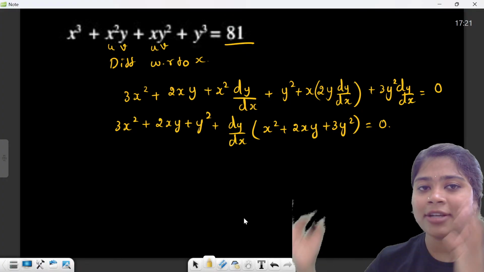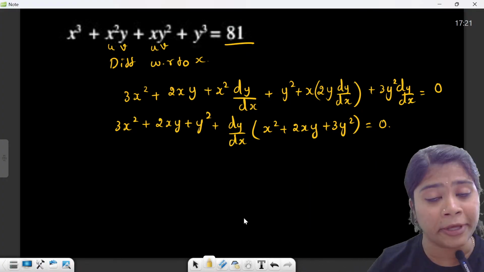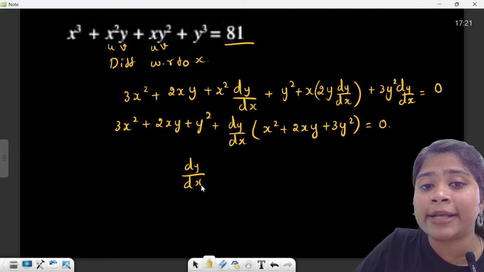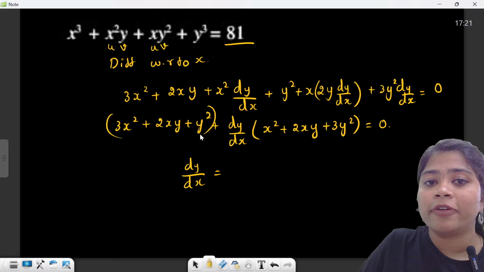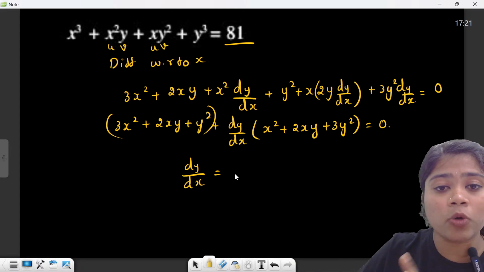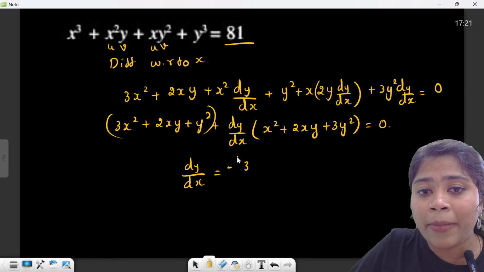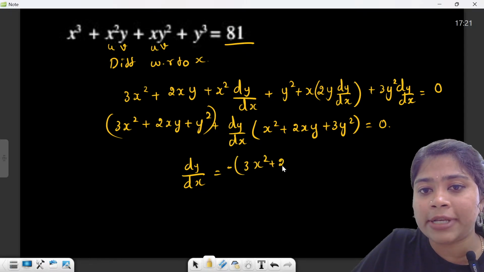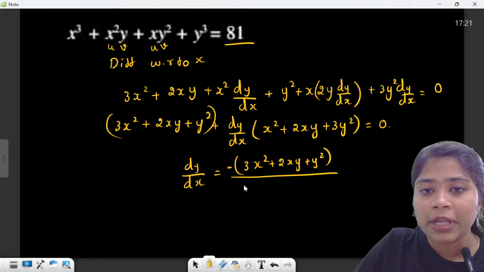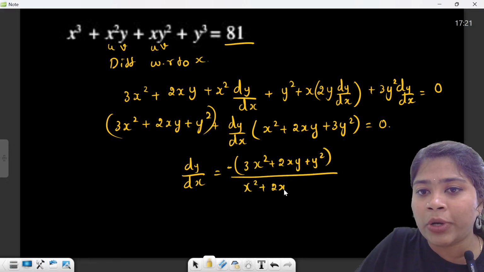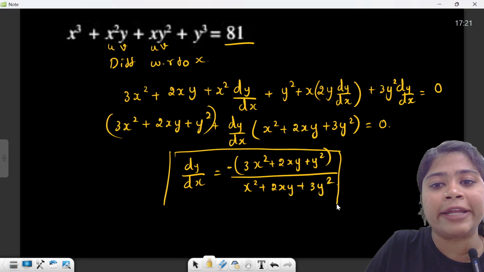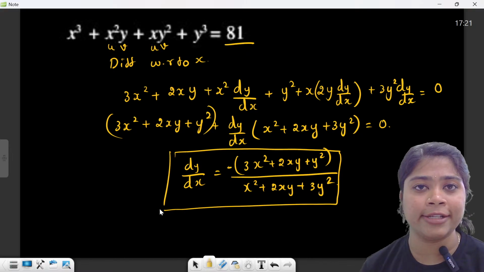Take paper and pen, solve the questions along with me. It's a very good practice, guys, believe me. Dy by dx: this whole term goes to the other side of the equal sign. So what do you get? Dy by dx is minus of 3x squared plus 2xy plus y squared, divided by x squared plus 2xy plus 3y squared. So this will be the final answer for dy by dx.